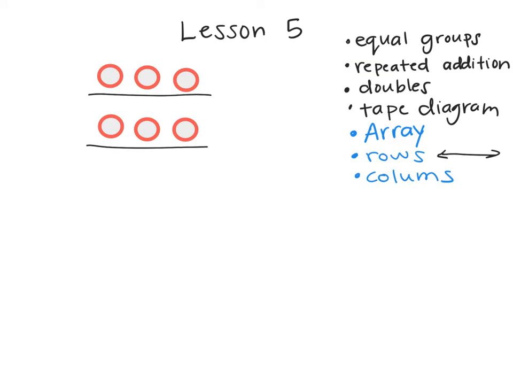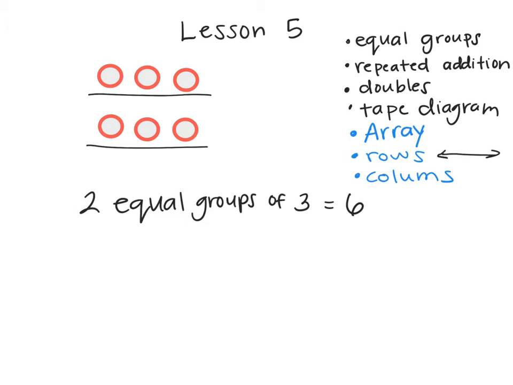So we can say there are 2 equal groups of 3, and that is the same as 6. So 2 equal groups, 1, 2, and there's 3 in each of those 2 groups, and there's the total amount of 6.